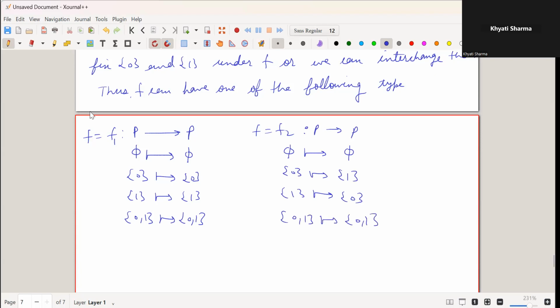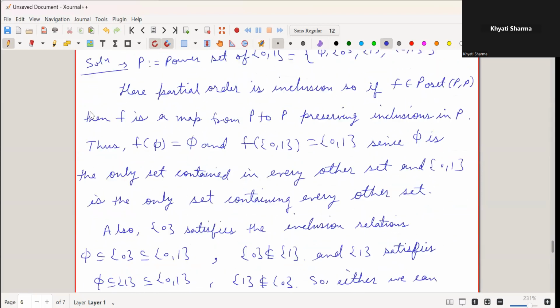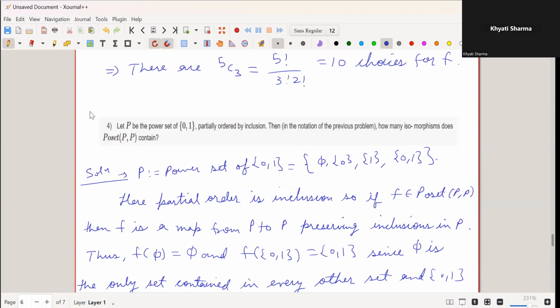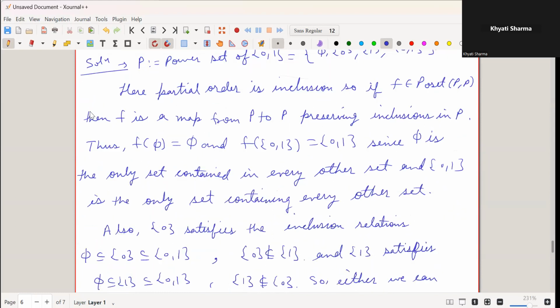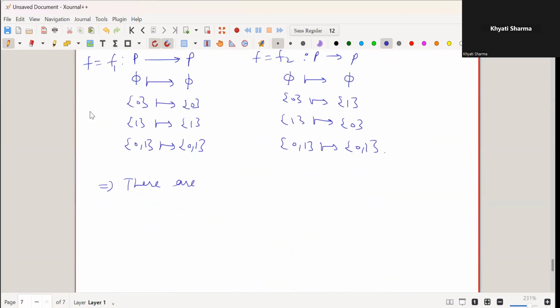So there are two such possibilities, and these are all. So this implies the poset (P, P) has two isomorphisms.